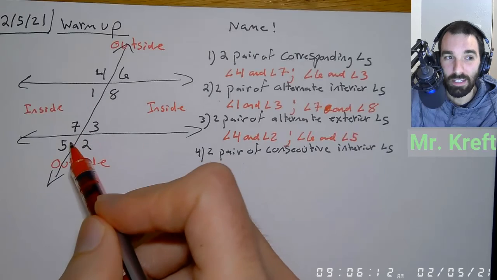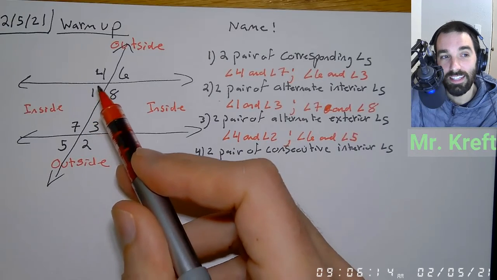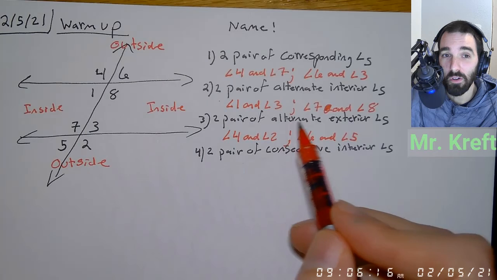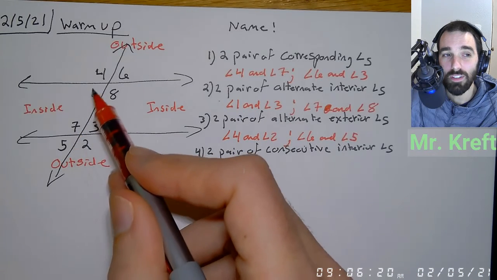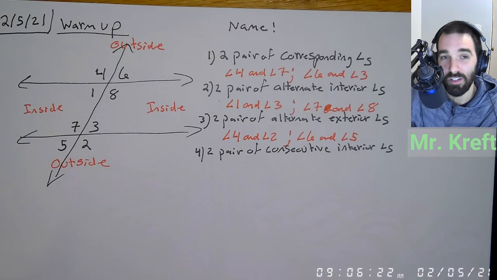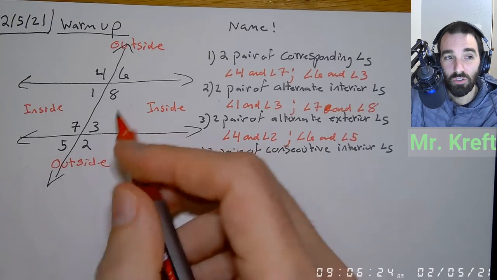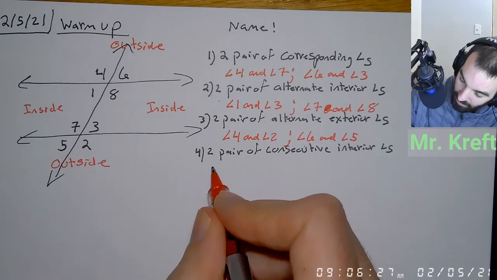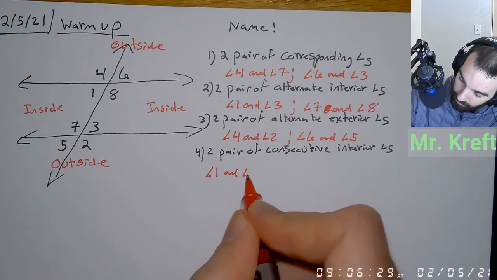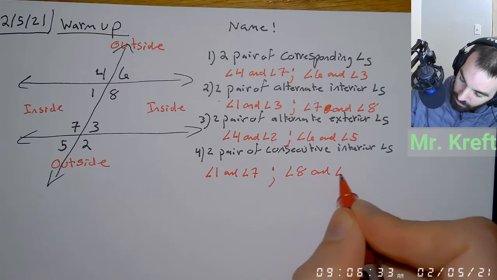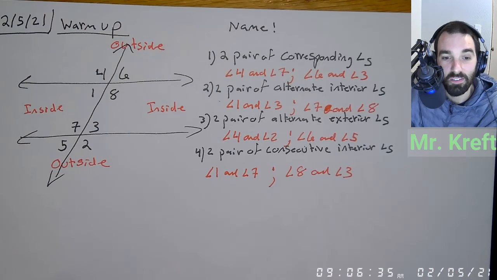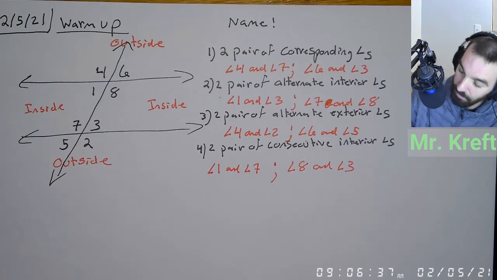That's the only pair that we haven't named yet. So notice how they are inside. They don't say alternate. What they mean by consecutive is the next angle on that side of the transversal. So 1 and 7 are consecutive interior, and angle 8 and angle 3 are consecutive interior. Okay?